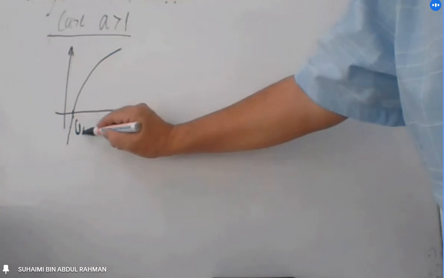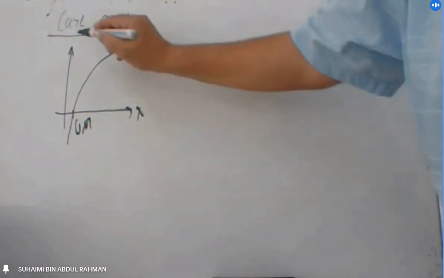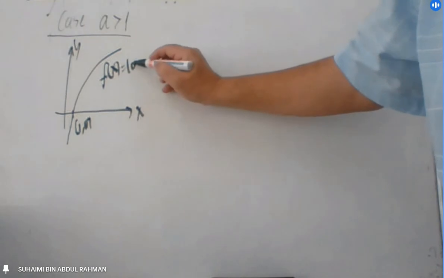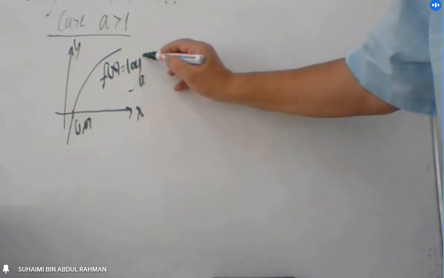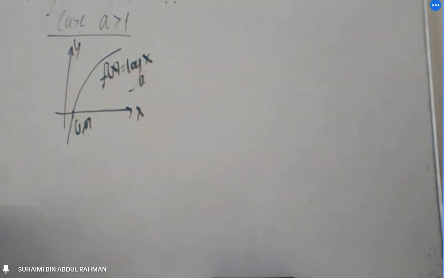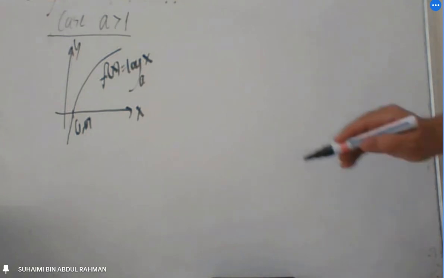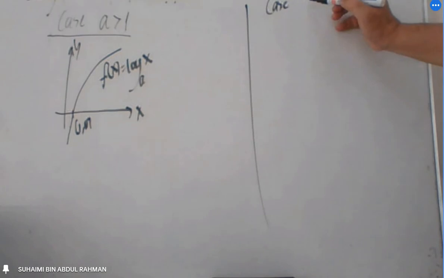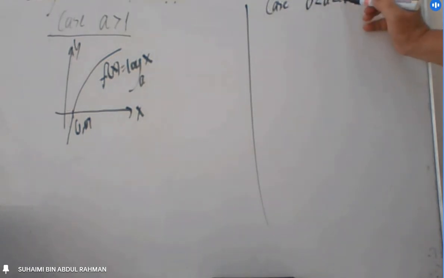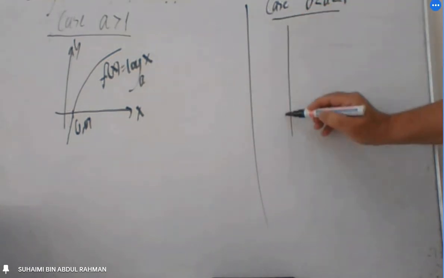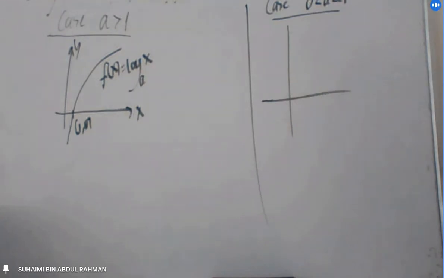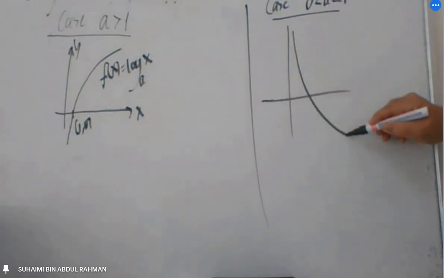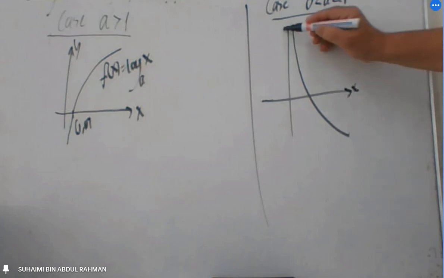The place of crossing is 1, 0, and the function here is log a x. For the case a between 0 and 1, the shape of the graph will be this.